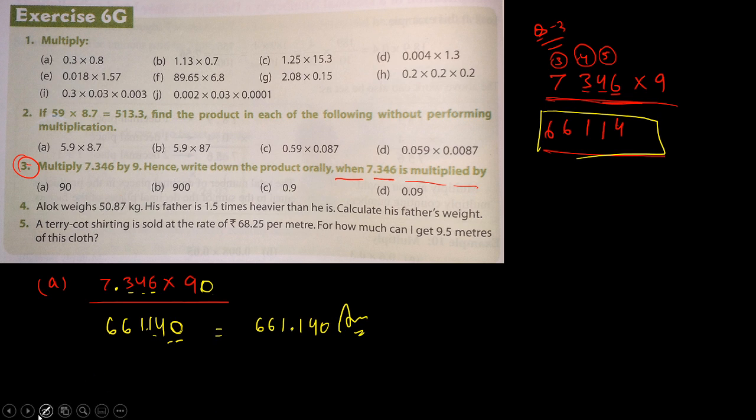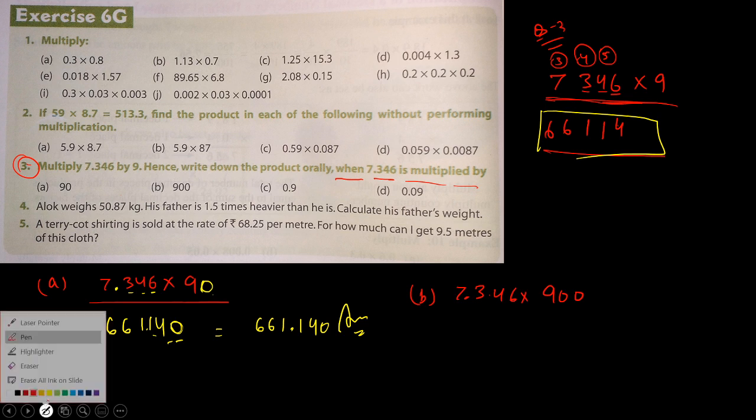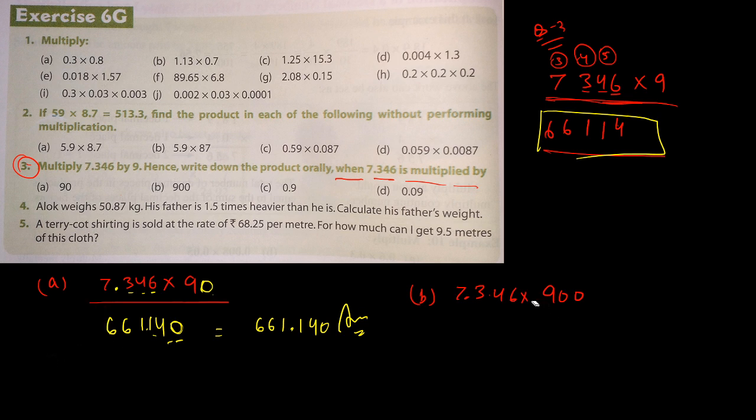Fine. Now let me tell you the B part of this question. So this question is very interesting. Think about it. What if I multiply 7.346 by 900? So students, now think about this decimal. Suppose there is no decimal and there is no zero also.